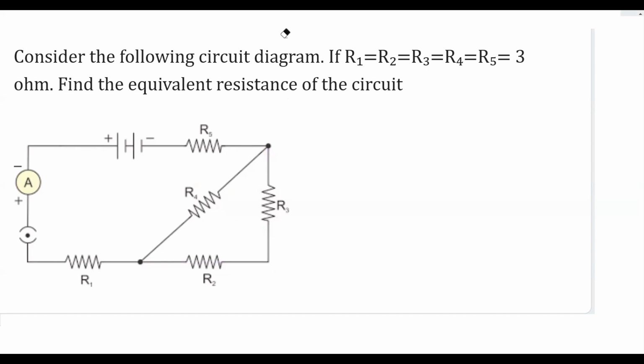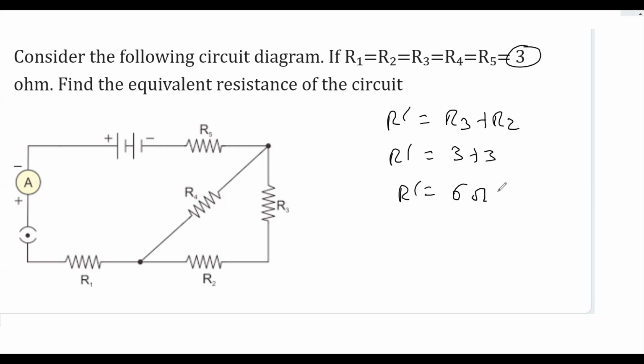So let's first find out the equivalent resistance. Let's say R dash is R3 plus R2. Each is 3 ohm, so this is 3 plus 3. So I'll say R dash is 6 ohm.